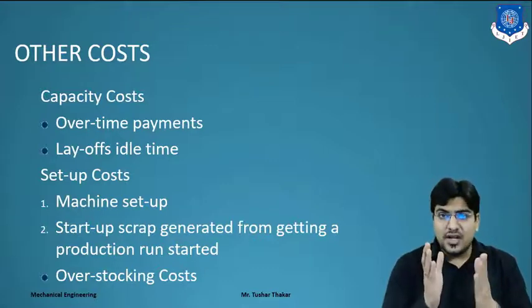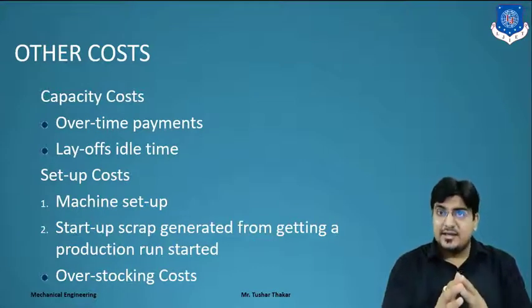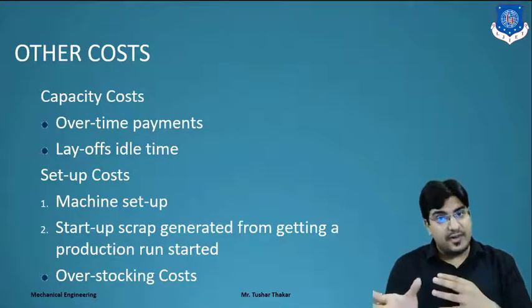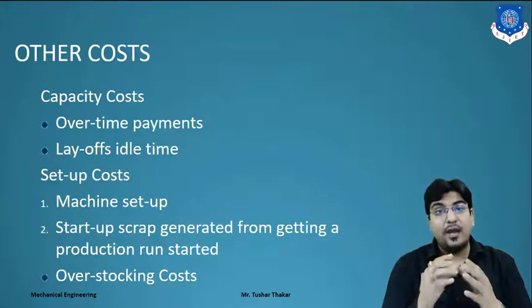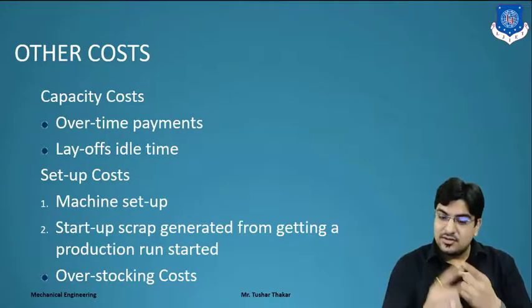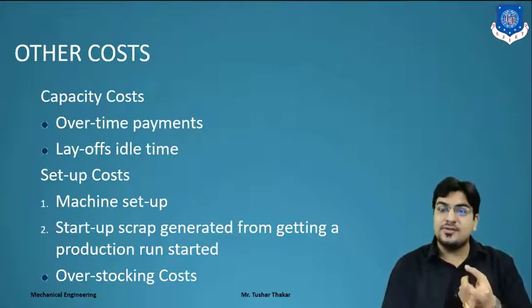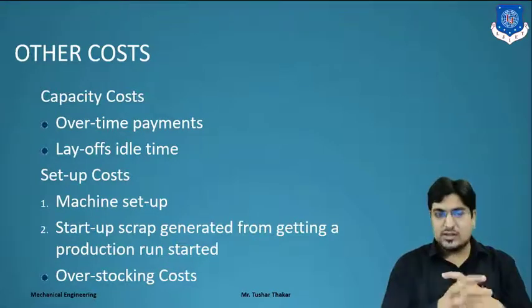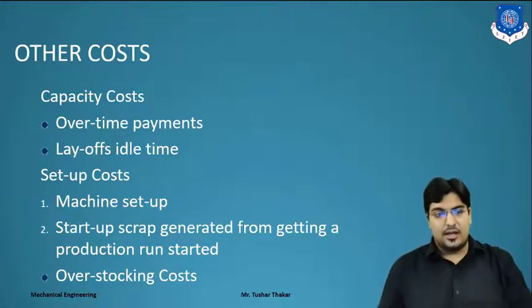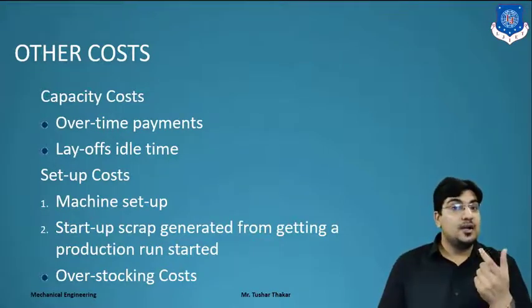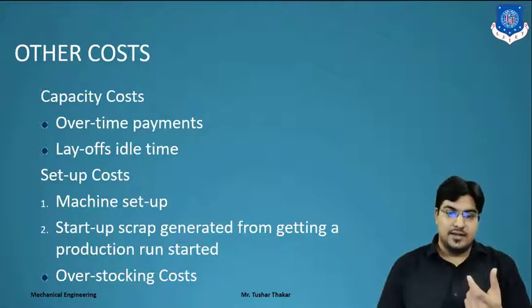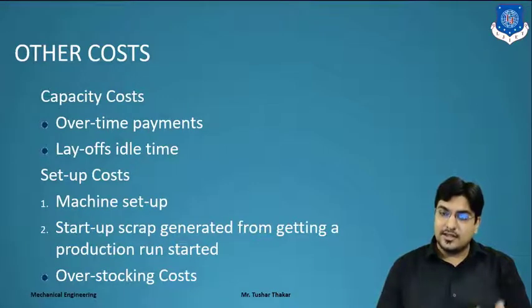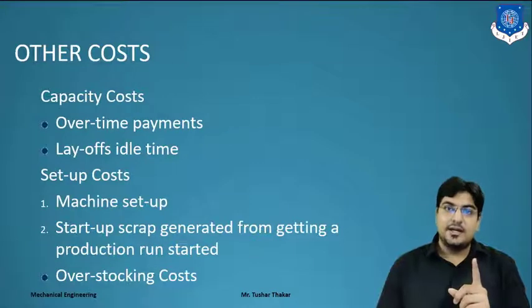Second, you have to store it in your inventory, so you increase your carrying cost and your storage cost also. So it relates to all your costs. That is a main other cost. We have to consider the overstocking cost, and it is a very crucial part for the company. If you over-order parts, that will affect the company's profit or production.